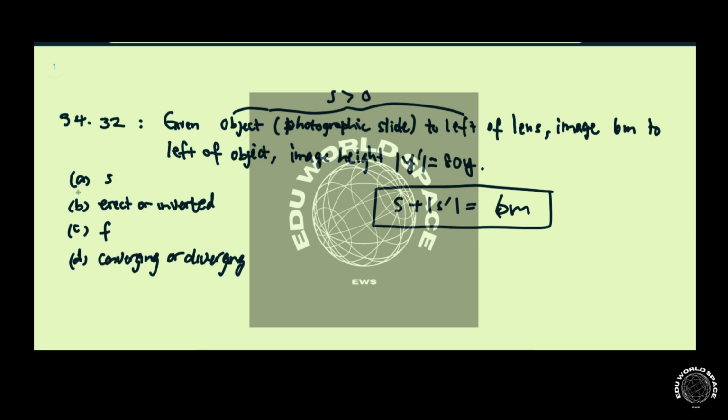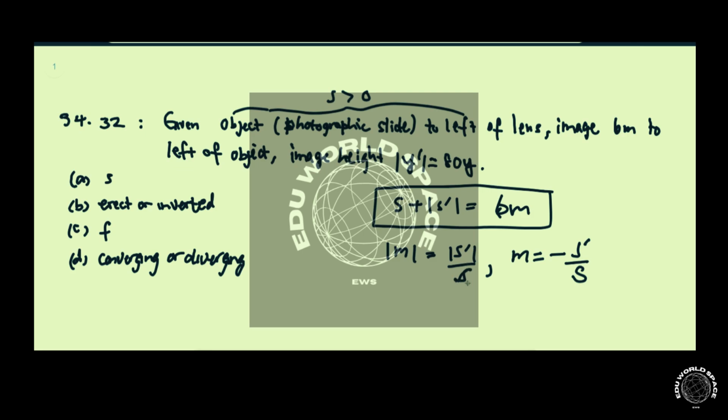And the way to solve part A to find the object distance, we'll use this equation, and additionally, we'll use the equation for the magnification, which is S primed over S. I got this equation from equation 34.17, where M is equal to minus S primed over S. And I just took the absolute value, so the minus sign goes away.